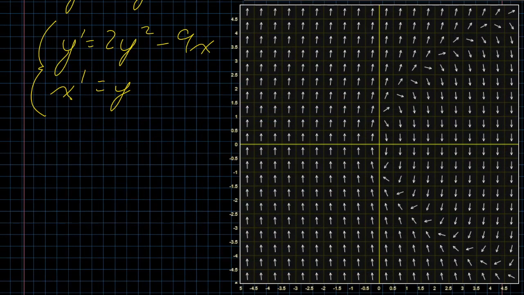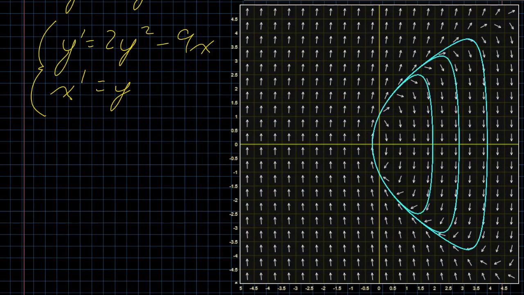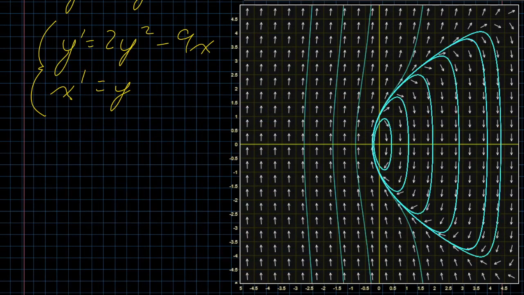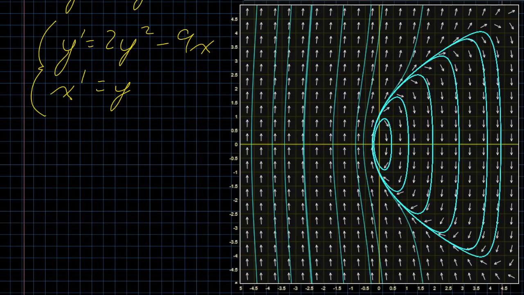All right. Analyzing a phase portrait, I always start by just clicking around a little bit to get a picture of what's happening. I've got some interesting things happening here, I suppose. And then we start analyzing.